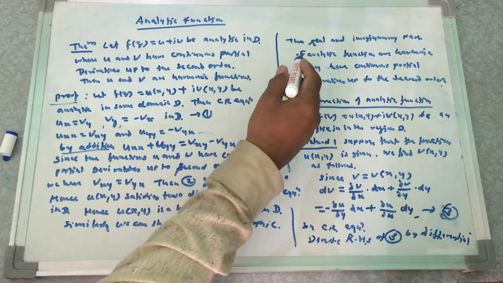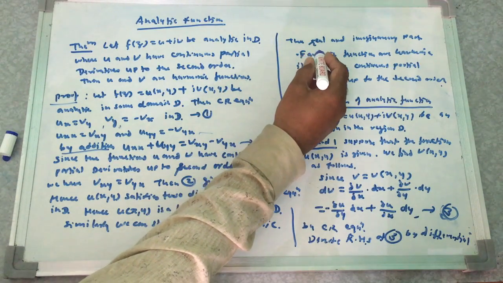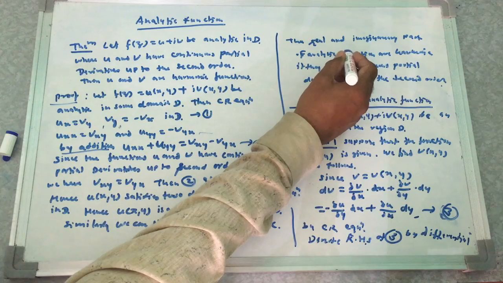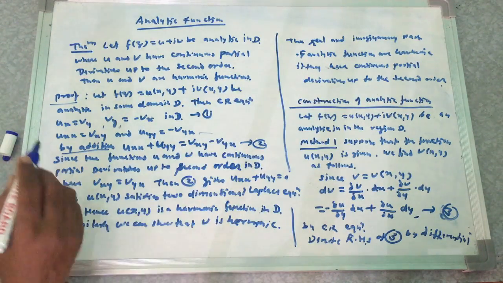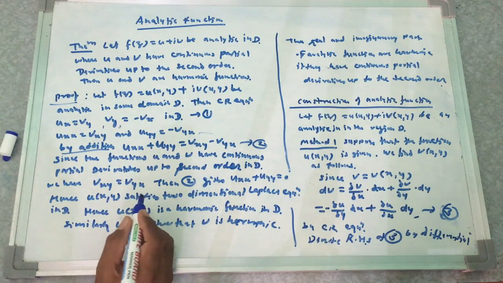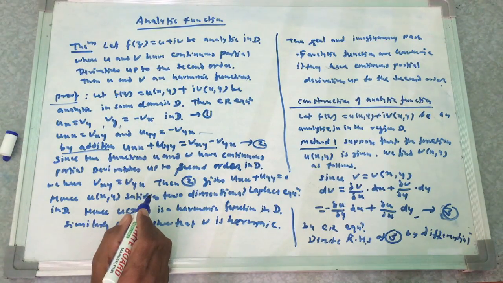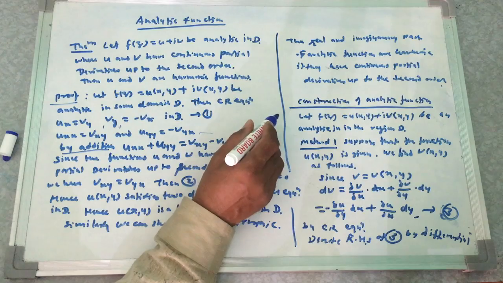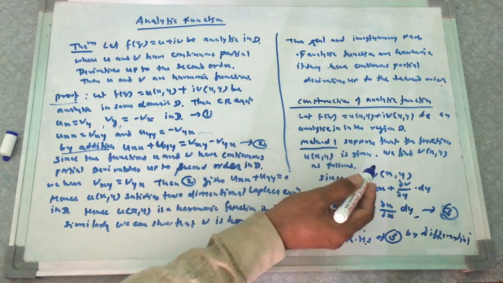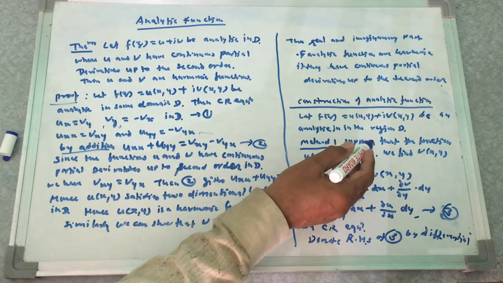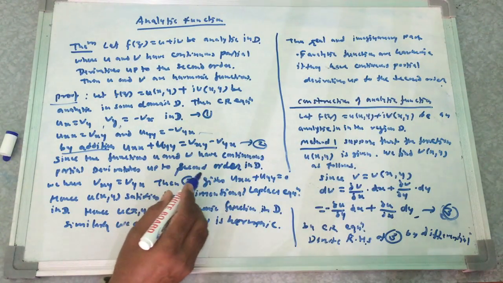So let f of z is equal to u of x,y plus i v of x,y be an analytic function in region D. Now the construction of an analytic function, the method is given. Suppose that the function u of x,y is given, we find v of x,y as follows.